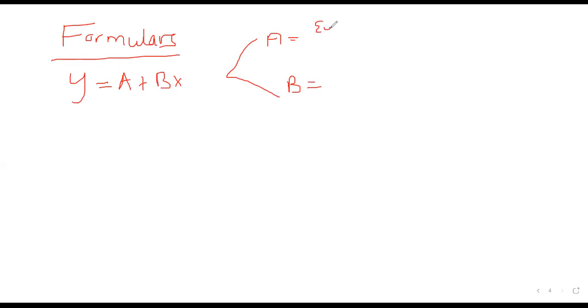So a is given by summation of y over n minus b summation of x over n. Then y can only be found after we find our a and b. So how do you find the slope? Summation of xy over summation of xx.